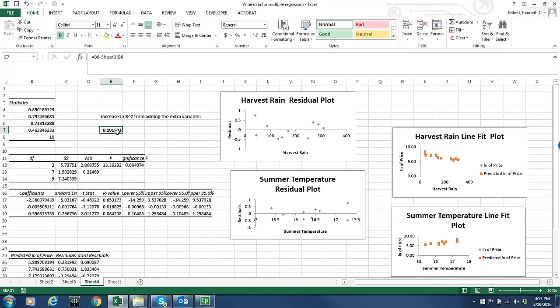And here's why. There's something called the principle of parsimony. You want to remember this. The principle of parsimony says you want to be very stingy with the number of parameters in your model.